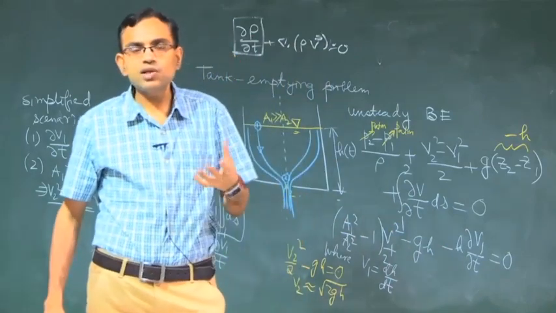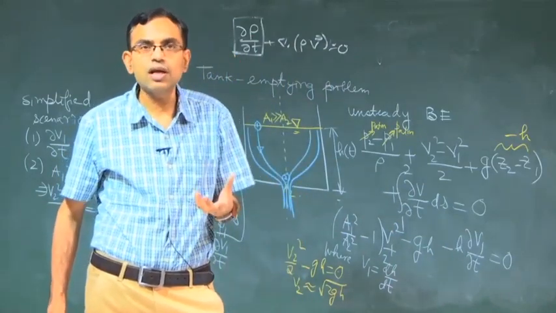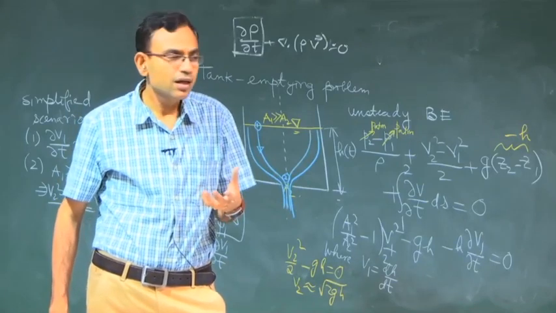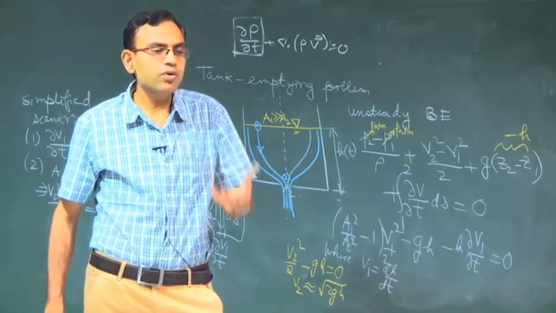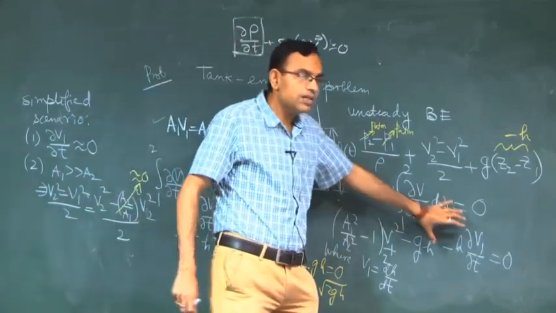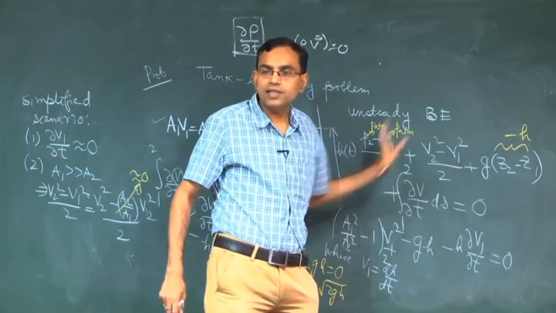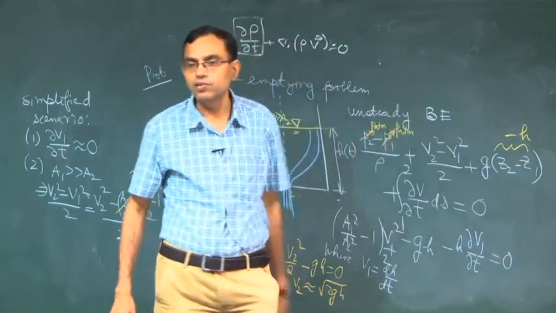You can pose this as a challenge problem to the students of your class, and then ask them to assess, in the full form, if this equation is solved, how the solution deviates from the solution from the Torricelli's equation.